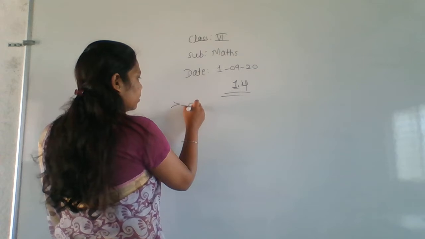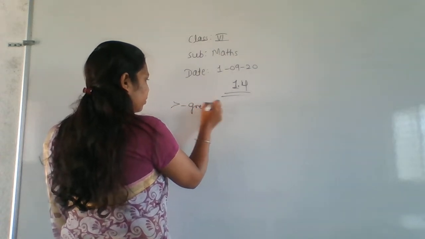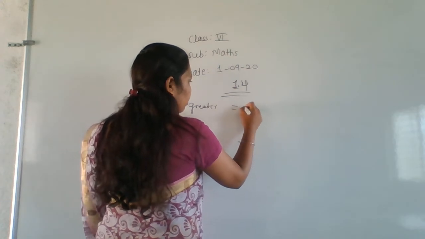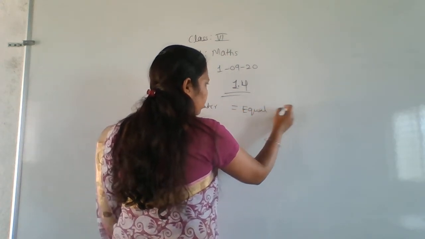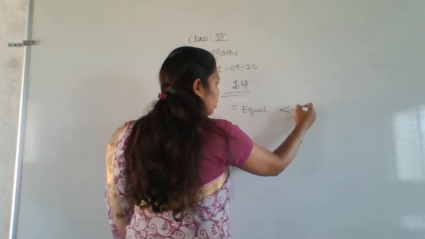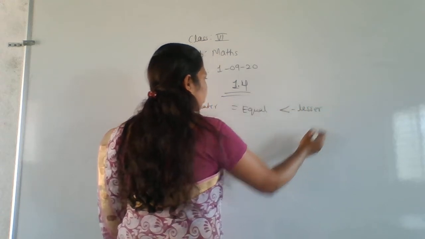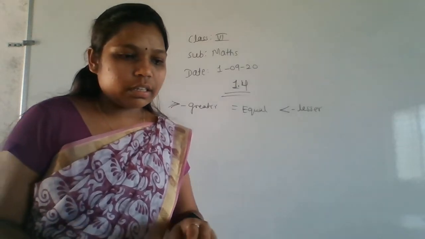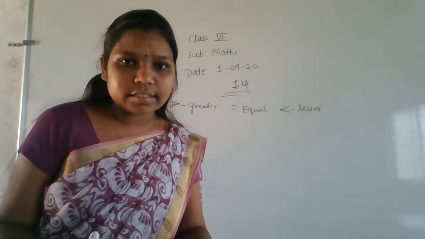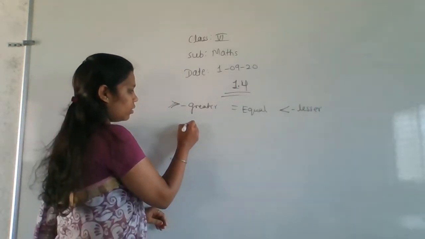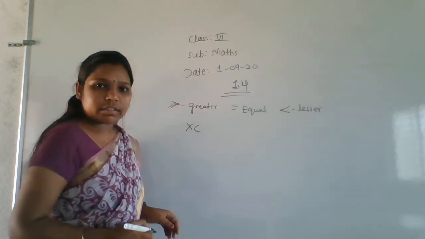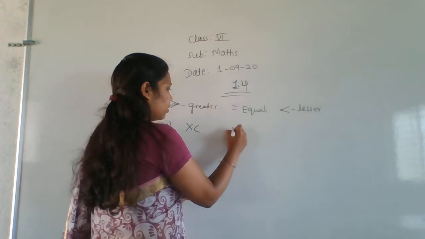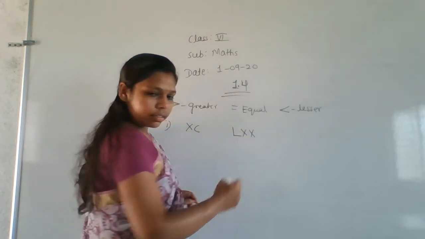This means greater. Equal. This means lesser or smaller. Both are same. So next here XC. And here they have given the first one, this is LXX.